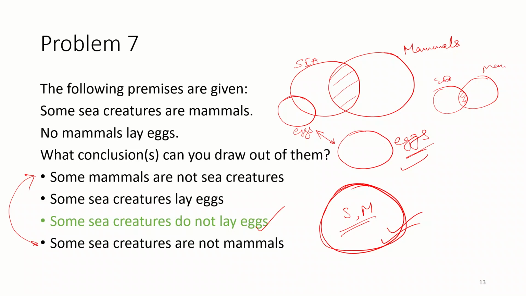So in the last option, some sea creatures are not mammals. So the thing was we can have this portion. No, sorry. So in this condition these are sea animals but they are not mammals.